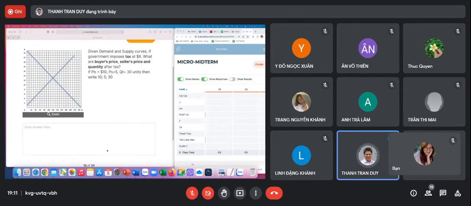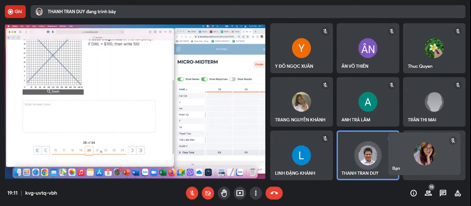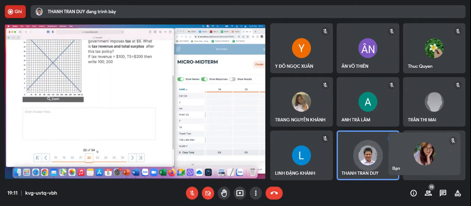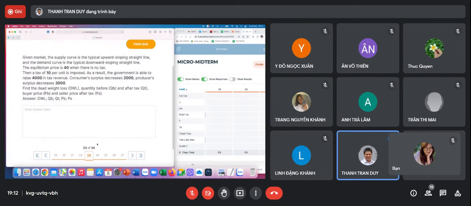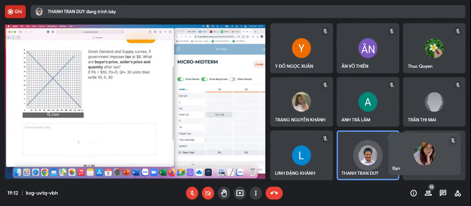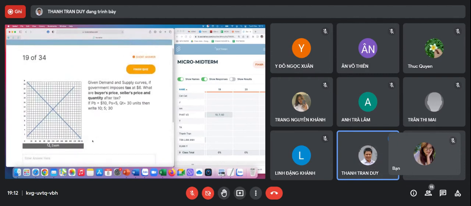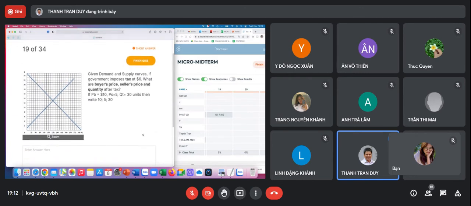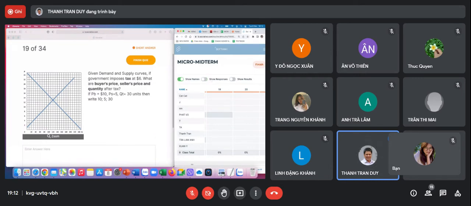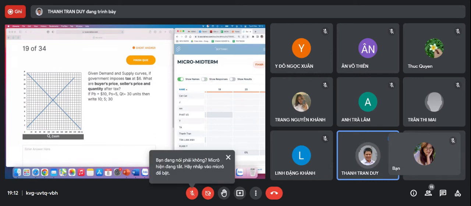From 19 to 22, 23. You have 5 minutes to do it.